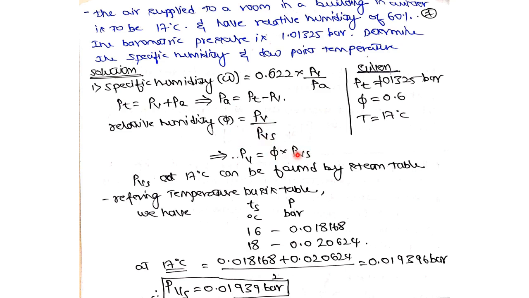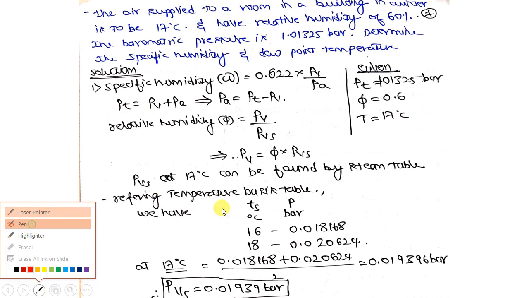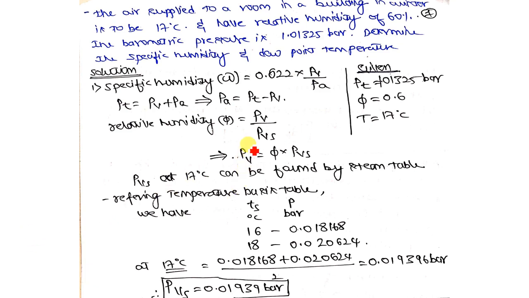So what is PVS? PVS is the saturated vapor pressure. Remember, this is always calculated at the dry bulb temperature, DBT.